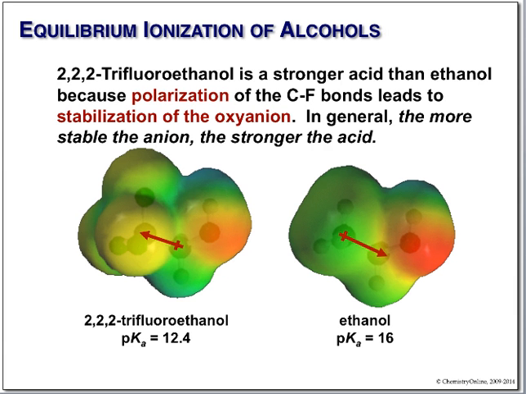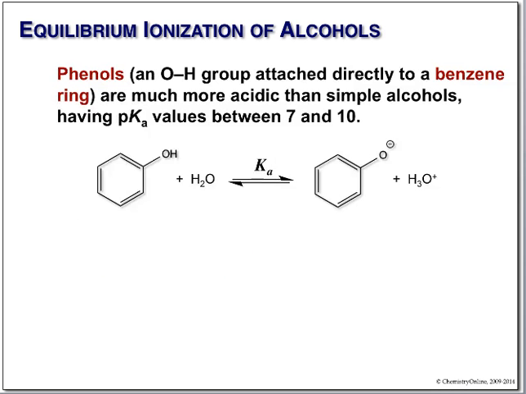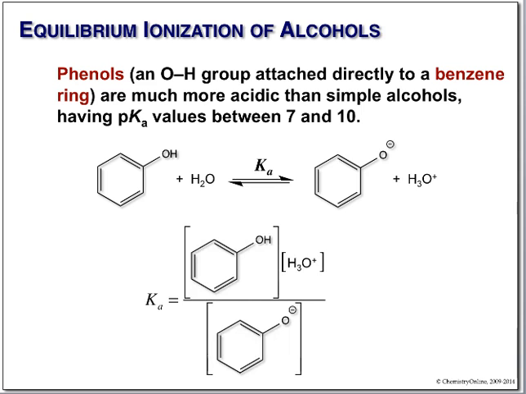Phenols, the same sort of thing. Again, we're just barely going to mention phenols. Phenols turn out to be stronger acids than simple alcohols. That's because we can stabilize this anion by resonance. For phenol, undergoing equilibrium ionization, the equilibrium constant would look like this, products over reactants.